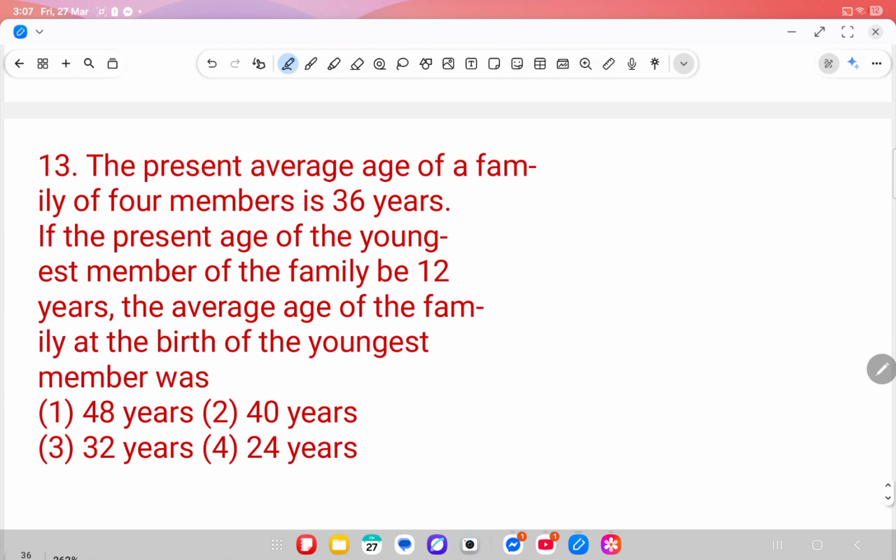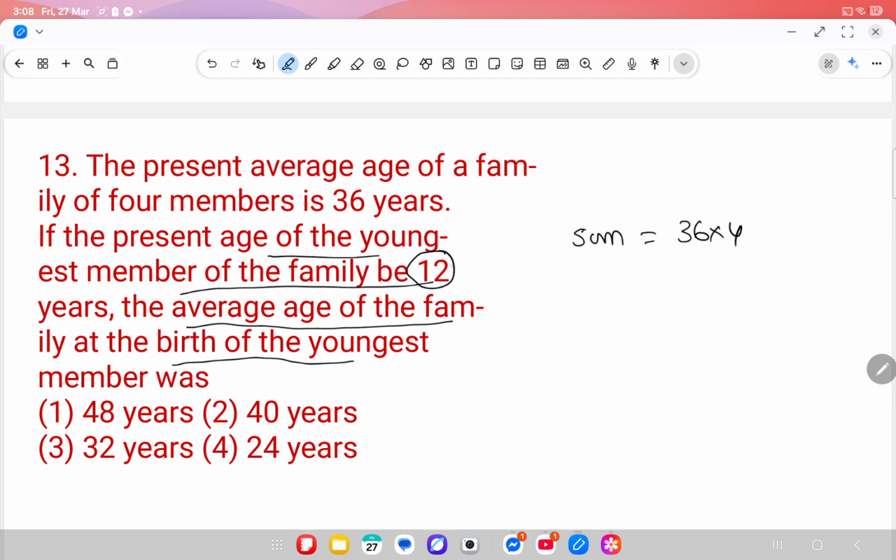The present average age of a family of 4 members is 36. Average is given 36. So sum becomes 36 into 4. If the present age of the youngest member of the family is 12 years, the average age of the family at the birth of the youngest member is, means this becomes 0. 4 members is 36 means 144.